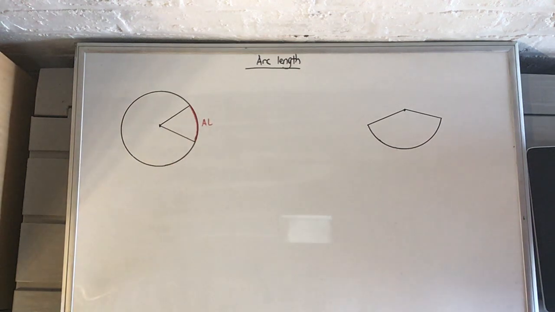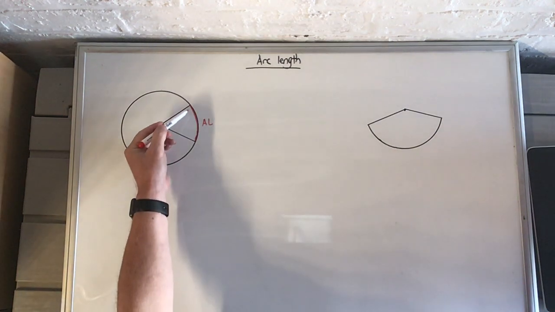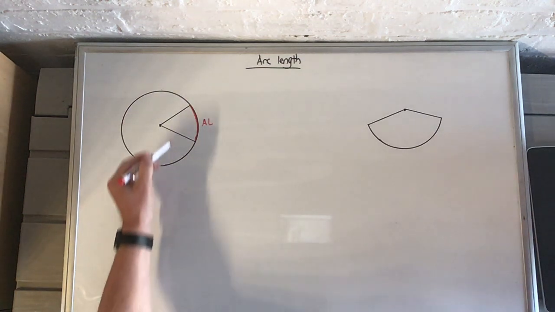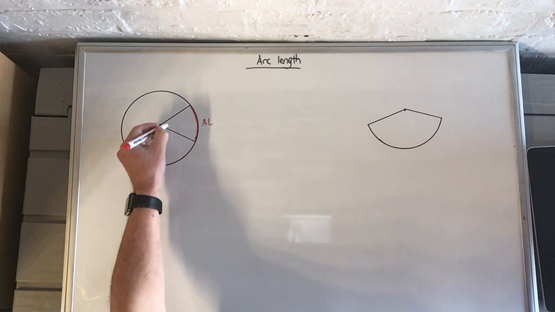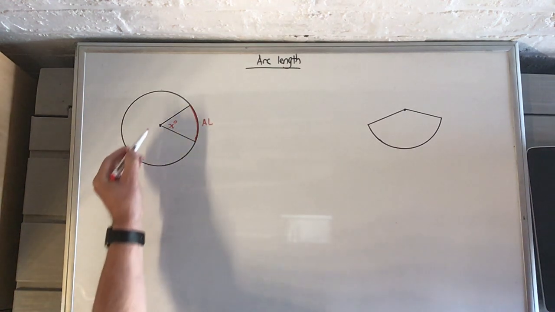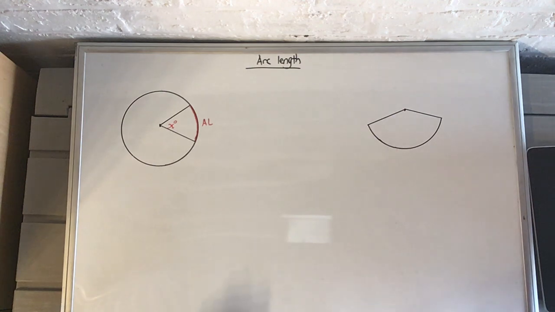Arc length. Now, to work out the length of this, it's related to the full circle, and it's also connected to the angle at the centre. So if we call this the angle at the centre, x degrees, that's related to the full circle as well.